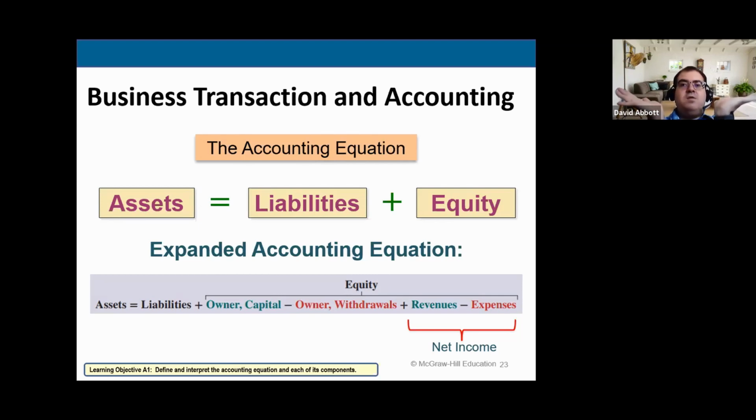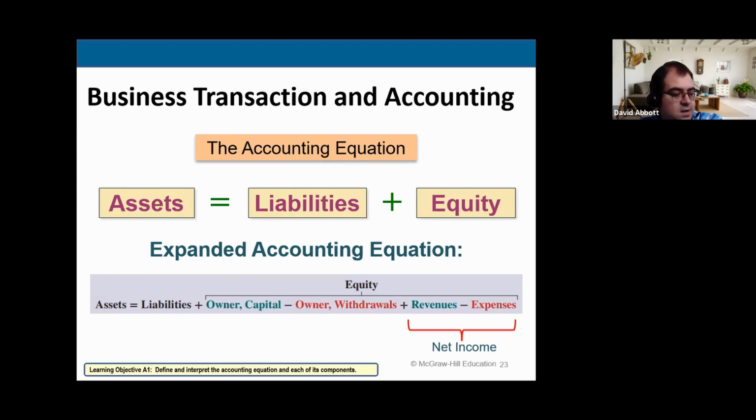So that's the thing you have to think about in accounting, is both sides of the equation have to balance, okay? Kind of just like in algebra, where you're trying to isolate the variable, and what you do on one side, you have to do on the other. It's a very similar concept. Okay.